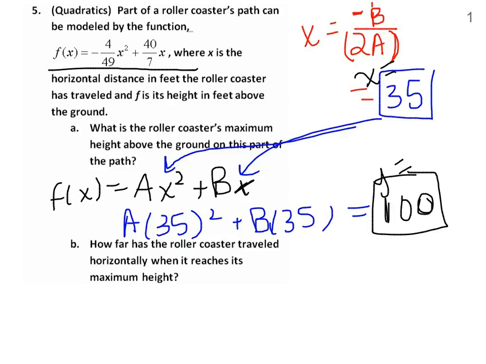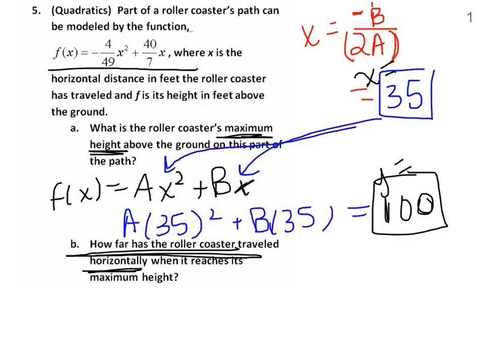Okay, so now we can read the questions and try to interpret our answers. It says, what is the roller coaster's maximum height above the ground at this part of the path, and how far has the roller coaster traveled when it reaches the maximum height? So how far has the roller coaster traveled horizontally? We have to figure out what is x and what is, quote-unquote, y, which in this case is f of x.